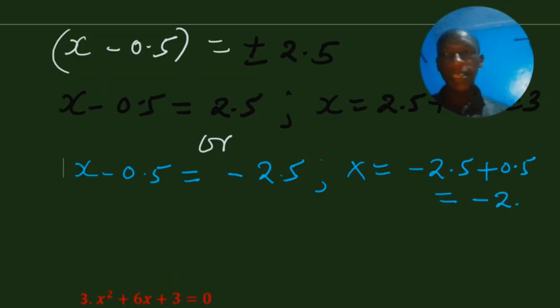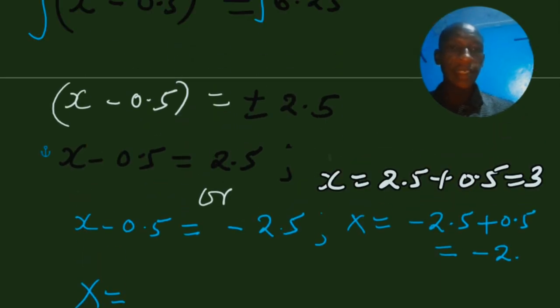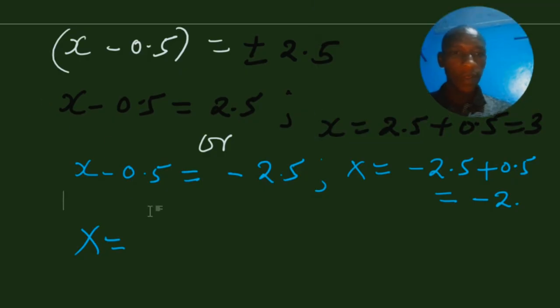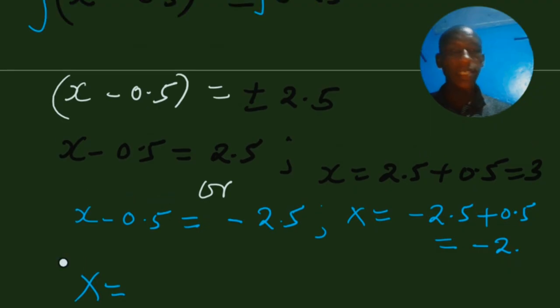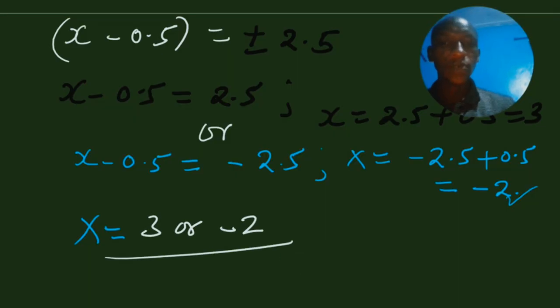So therefore, to answer the question, x is going to be equal to positive 3, like in this case, the first value of x was positive 3, or the other value is negative 2. So those become the two solutions. So x is going to be 3 or negative 2.